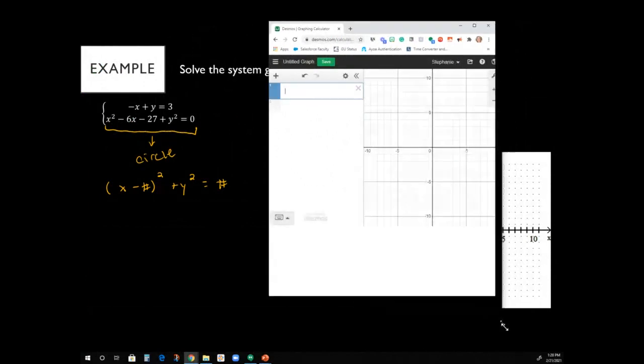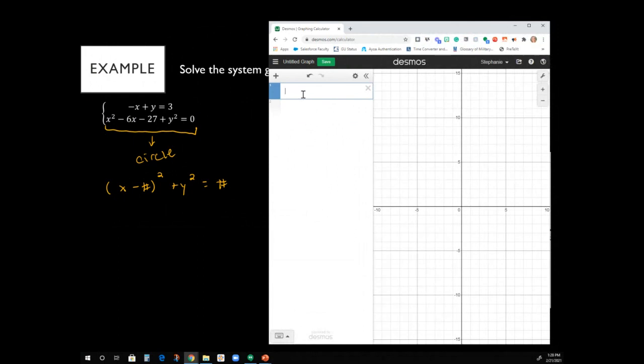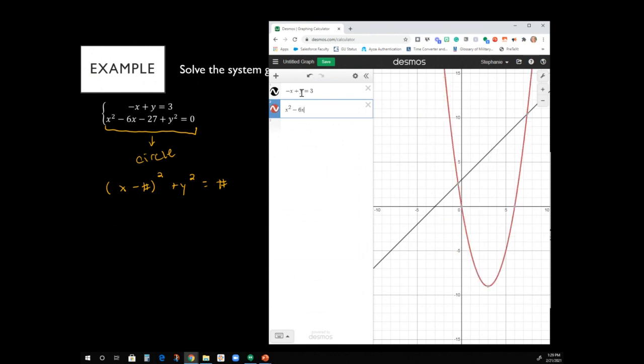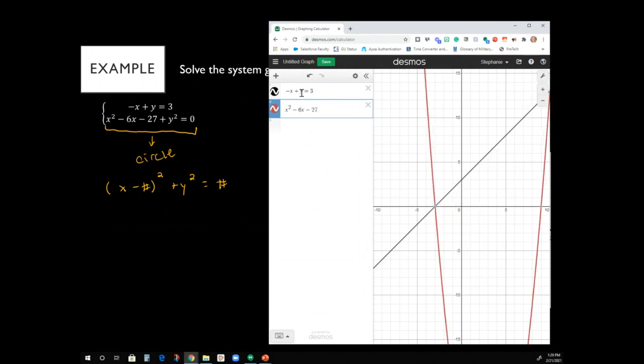So I've got negative x plus y equals 3. And then x squared minus 6x minus 27 plus y squared equals 0.